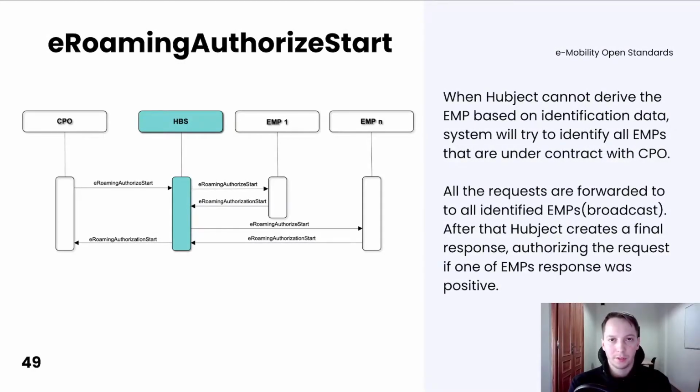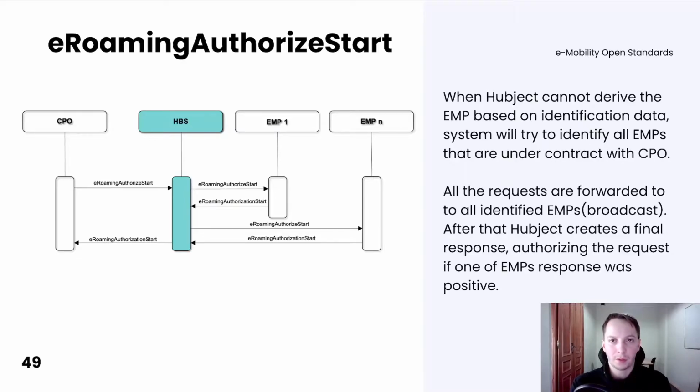If for some reason Hubject cannot identify the EMP based on identification data, it will try to authorize the request in another way. At first, it will fetch all the EMPs that are under a contract with the CPO. In other words, it will fetch all the EMPs that subscribe to the CPO authorization service.